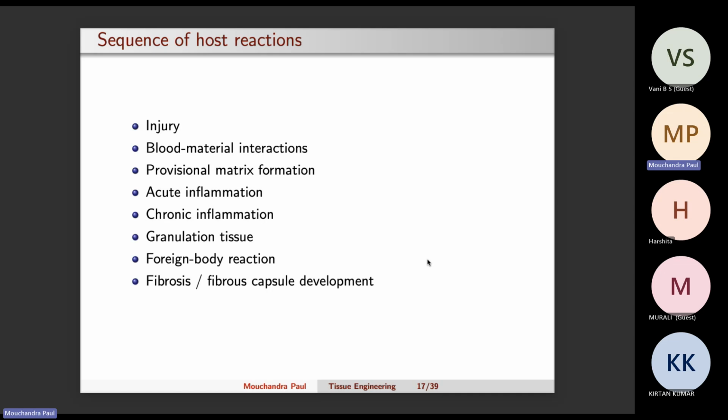You don't need the tissue engineered construct to stay for a very long time. You just need it for the time duration for which you have designed it. After that, it can be degraded by the body, which is totally fine.